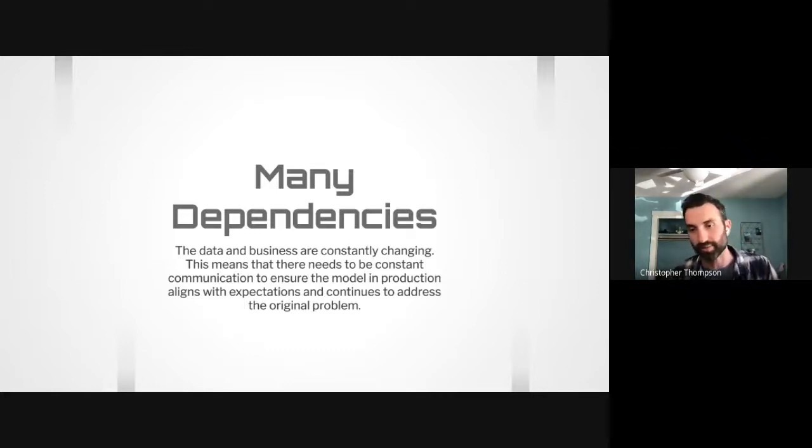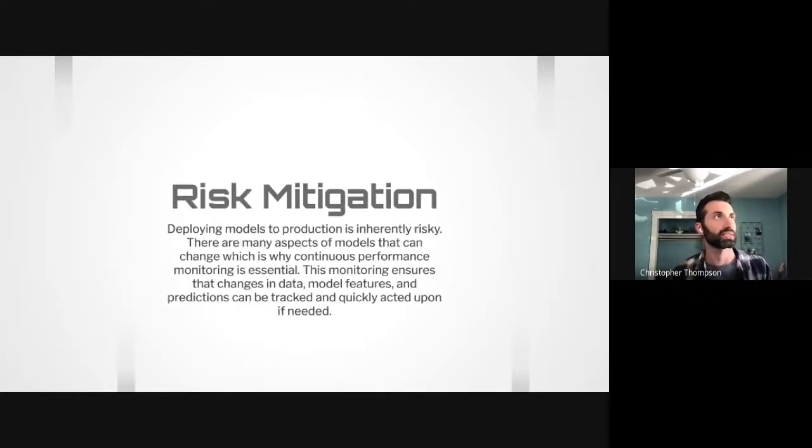We need to address that original problem that we cited when we were citing our business goals and risk mitigation, right? So deploying models is risky. Why is it risky? Because the world changes constantly. And when we're getting real-time data from the world, well, that model isn't changing based on the world.